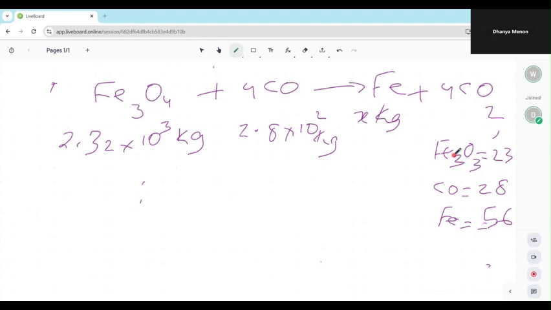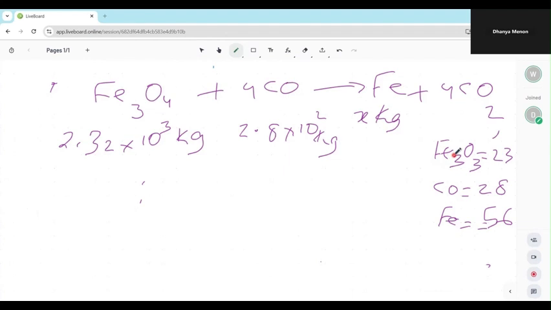Now, over here, we can use the limiting reagent method to find out the amount of iron. That's what we have to find out, right? We have to find out the value of X. Because they have given you the amount, it's easier, and you have the molar masses also.